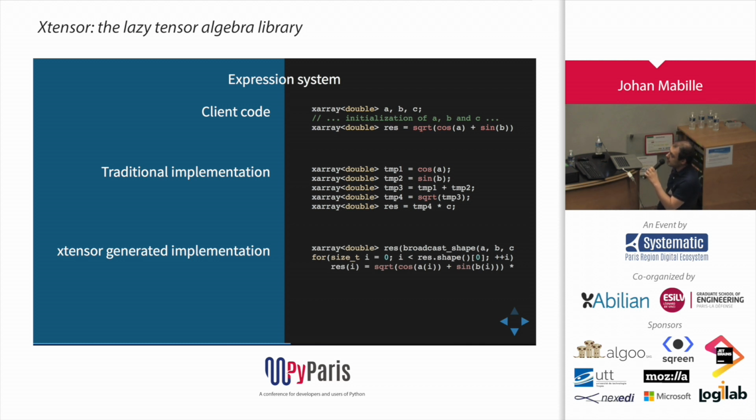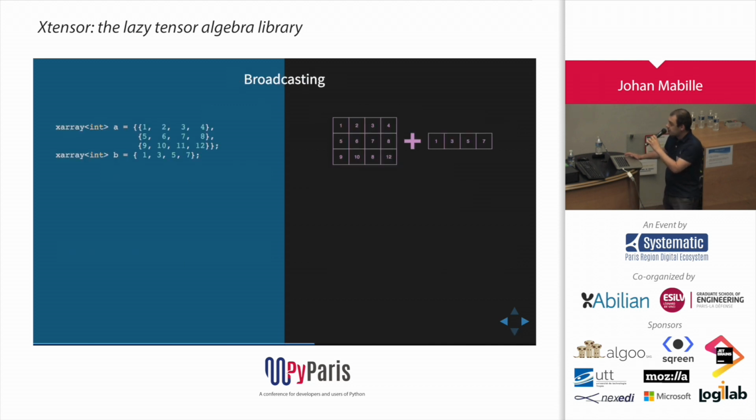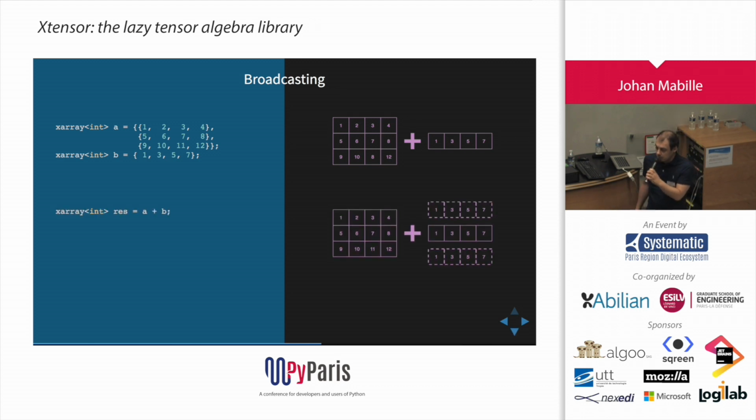It's just as if you had written the loop with the exact expression inside it. The same is true if you want to access a single element, and it's even worse because you will compute the whole expression just because you need one element. And of course, with xtensor, we generate only what we need. So this is one of the differences.